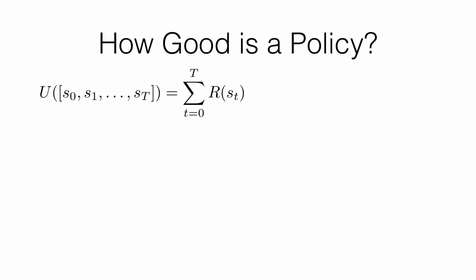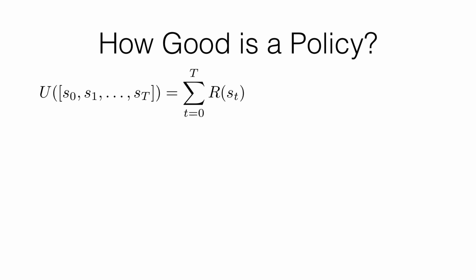So if we want a function that evaluates the quality of a sequence of infinite states, because time in this scenario would go on forever and the agent would live in the environment forever, that value is very easily going to end up being infinite, and then it's very hard to make a decision about what's a better policy.